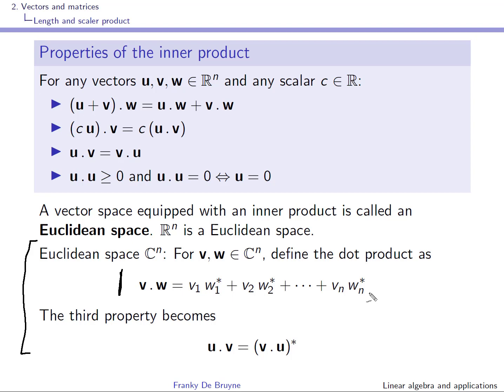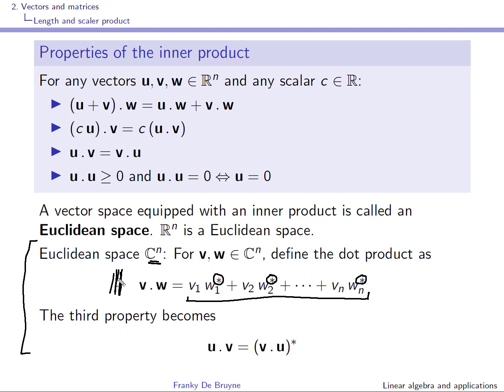It's very similar to what we had used on Rn, but you have to take complex conjugates. So Cn is a Euclidean space. It's a vector space associated with this inner product or scalar product.